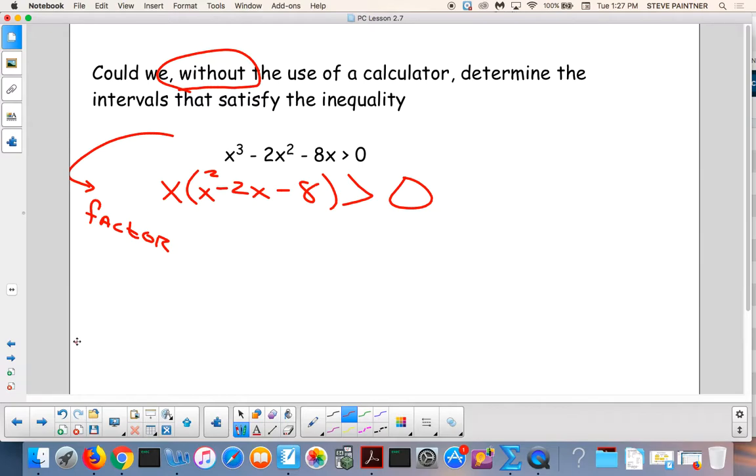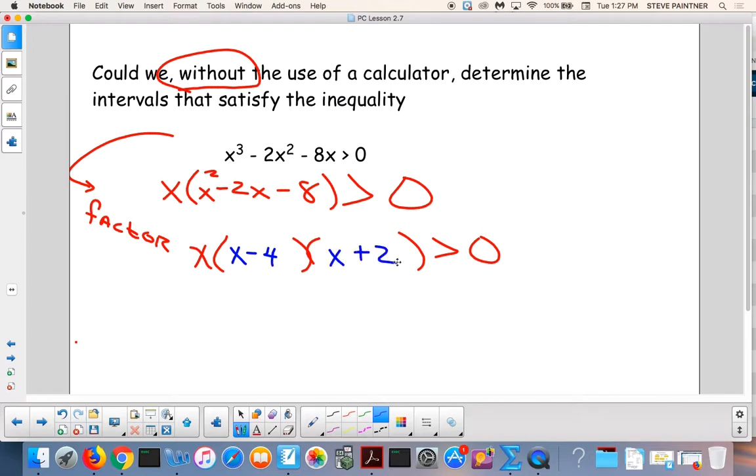Looking inside, a trinomial. Maybe it factors into two binomials, does it? x minus 4, x plus 2. x minus 4, x plus what? 2. Okay, you got it.